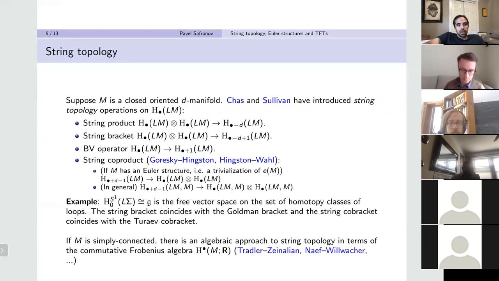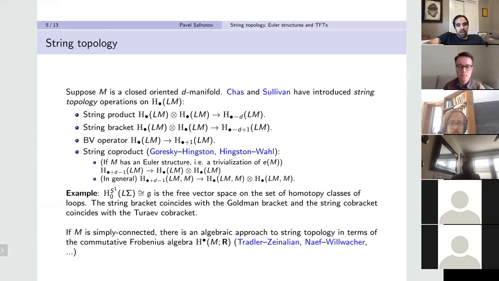So the Lie bialgebra also has a higher dimensional version, right? In this one, equivariant homology of the free loop space. Right. Yeah. So I didn't write it separately, but yes.